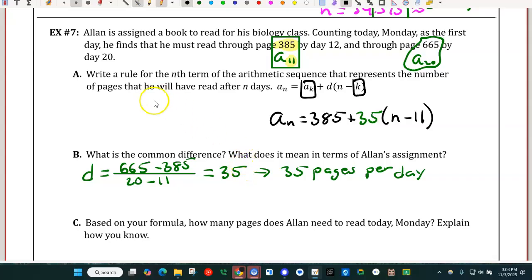And this gives you the amount of pages that you'll have read after and what? Ah, very good. Good, good, good. I said it, I didn't write it. Go down one by one. Thank you. Not that we need it in here, but yeah, that is technically correct.